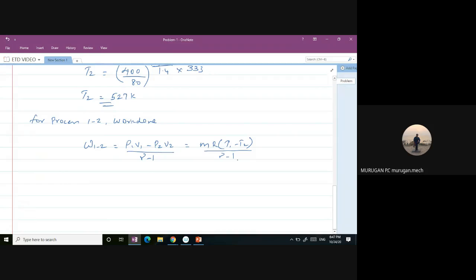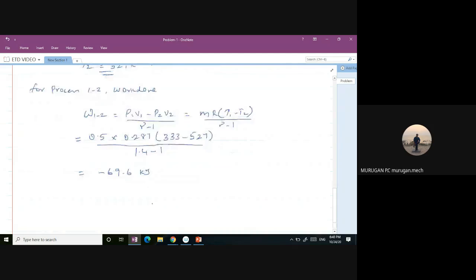Now we substitute all the data here: 0.5 into 0.287 into (333 minus 527) divided by (1.4 minus 1). After evaluating, the answer is minus 69.6 kilojoule.